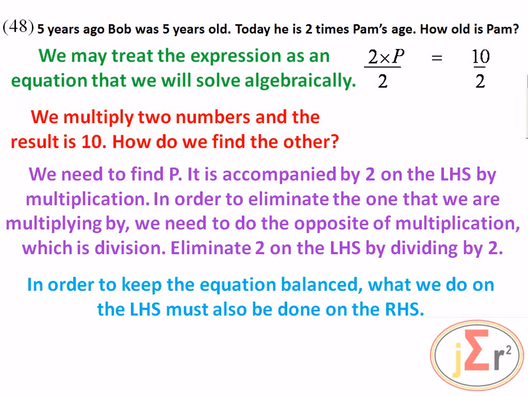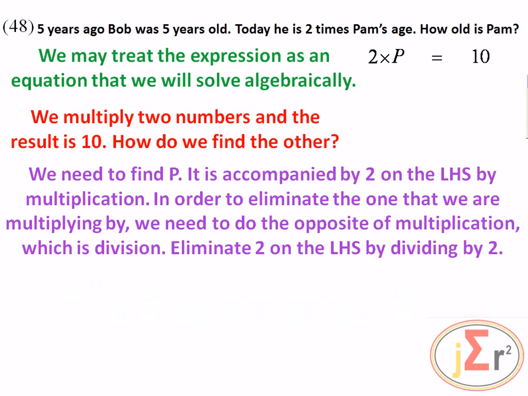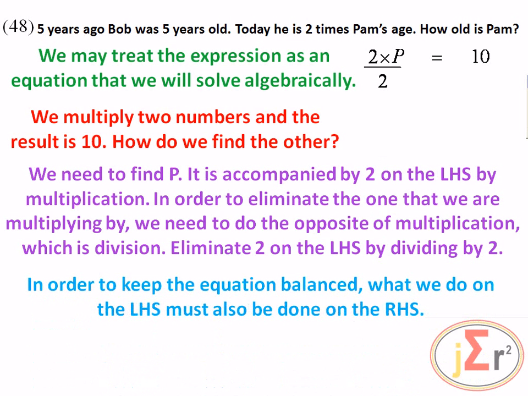So we will divide by 2 on the right hand side also. Divide by 2 on the left hand side? Cannot do that unless we are prepared to do the same on the right hand side.